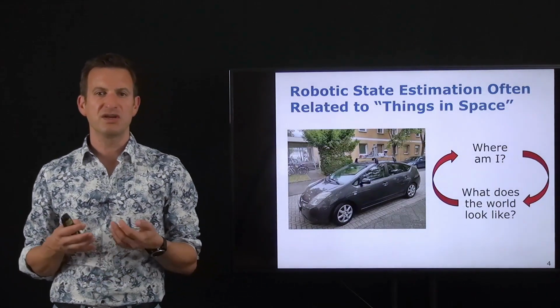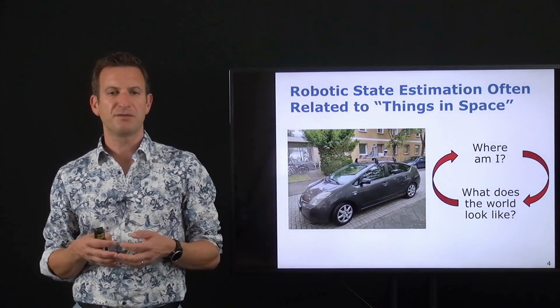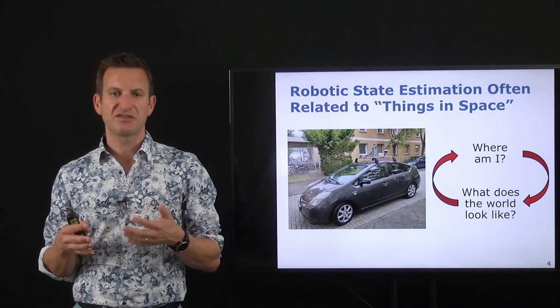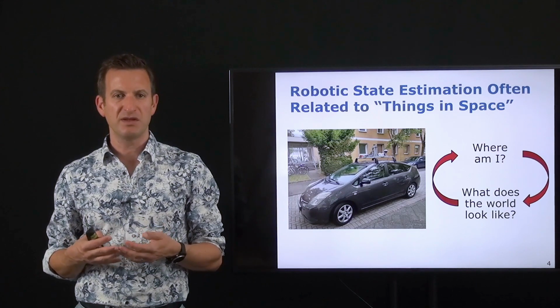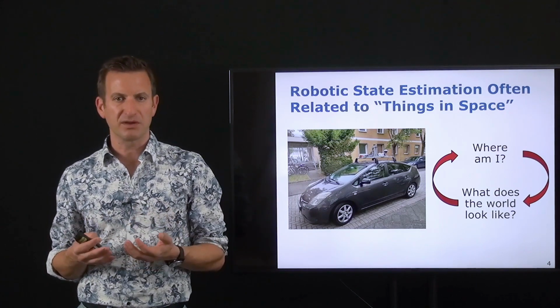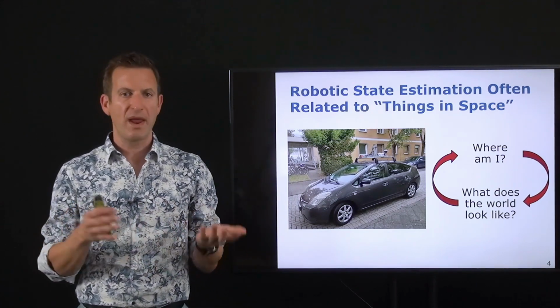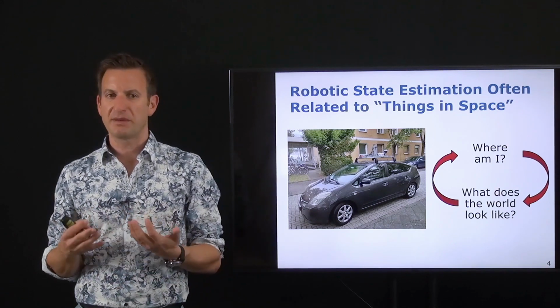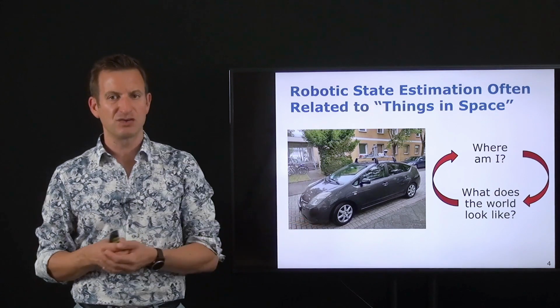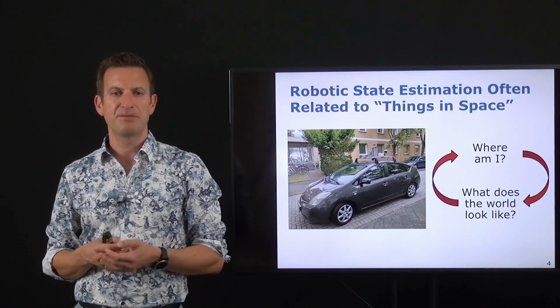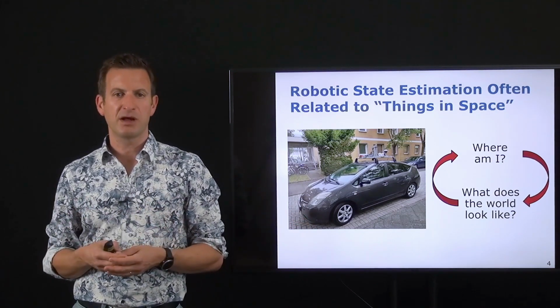So state estimation in robotics often refers to things somewhere in space. So very often we need to estimate geometry, and that means we need to estimate where is an obstacle, where is a landmark, where is a platform. Some things may be dynamic, such as the platform moving through the environment or this car driving through the environment. But there are certain things in the environment which are static.